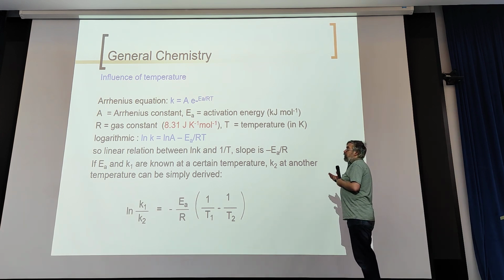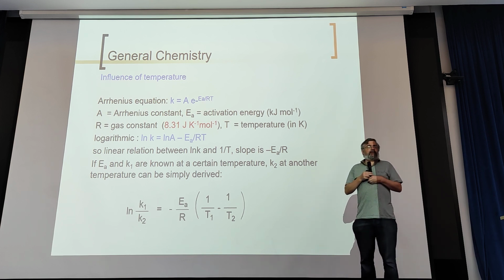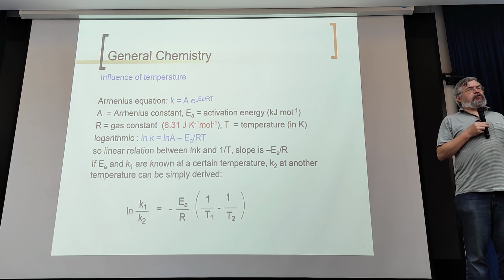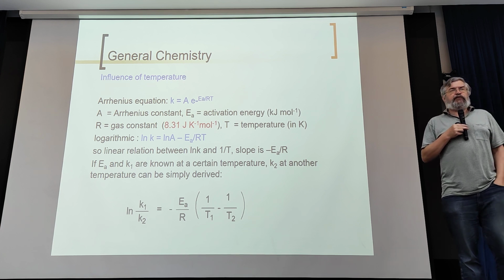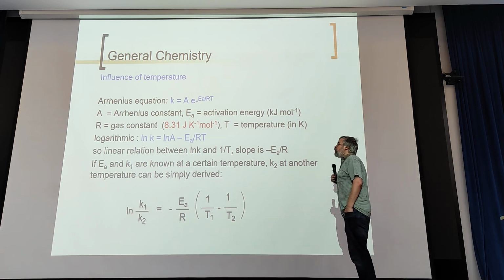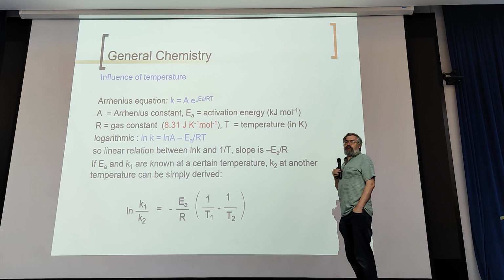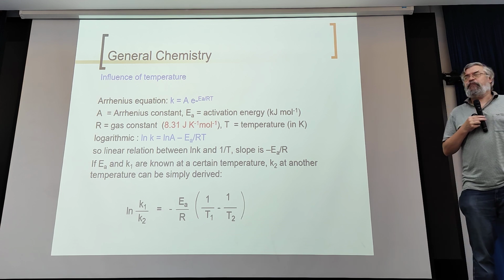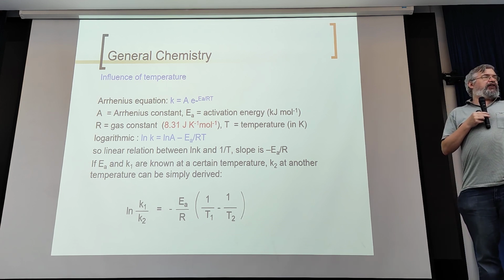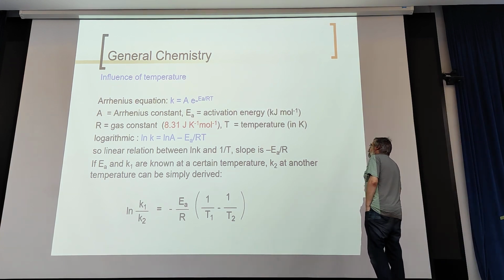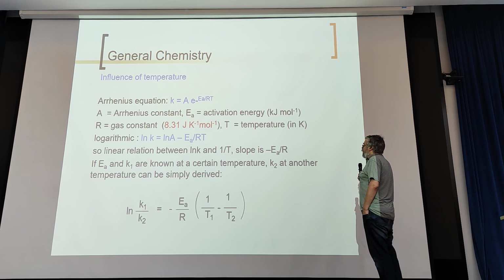So if you plot not k but ln k, the logarithm of the rate constants, as a function of 1 over the temperature, it's going to be a straight line, because all the rest is constant. Activation energy is constant, R is the gas constant, and A is a constant, the Arrhenius constant. So the slope is going to be the ratio between the activation energy and R.